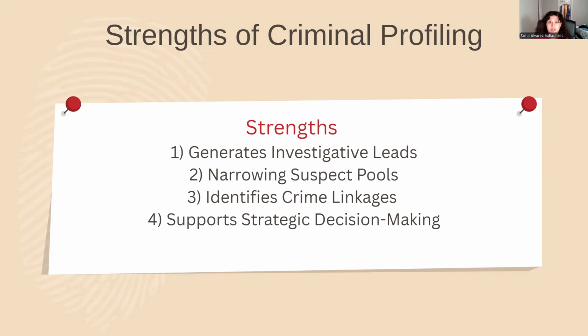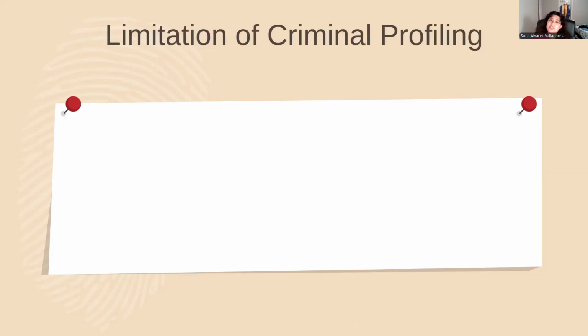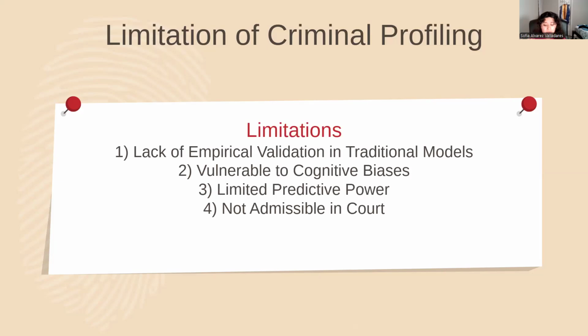And then, going on to the limitations of criminal profiling. However, we must remain cautious about criminal profiling, because many profiling models, especially traditional ones, lack rigorous scientific testing and still need empirical validation. It's vulnerable to cognitive bias because it's often based on intuition.